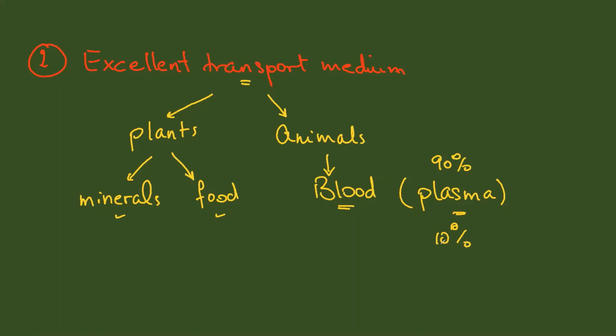Every material has to dissolve in plasma in order to be transported from one place to another in our bodies. That's why water is an excellent transporting medium. And by the way, the property of being a solvent and the property of being an excellent transporting medium are due to the presence of hydrogen bonds.